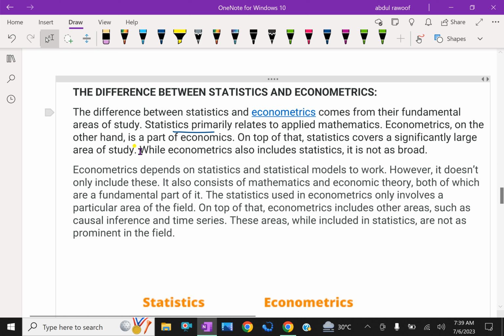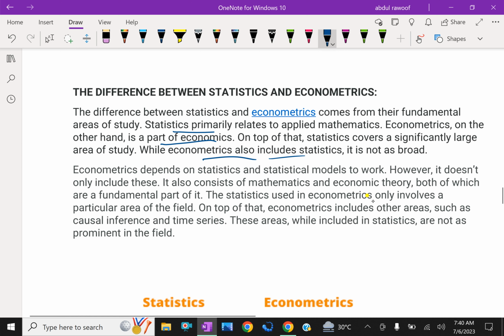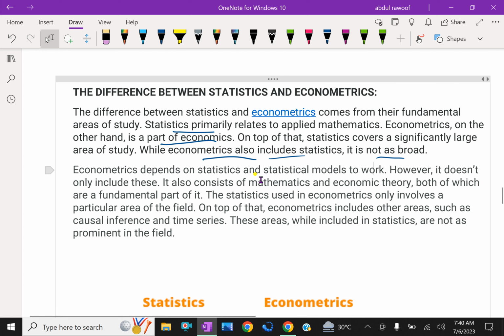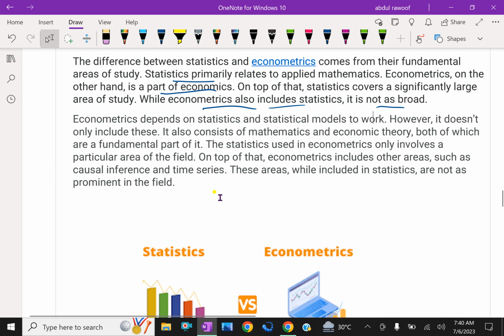Econometrics, on the other hand, is a part of economics. On top of that, statistics covers a significantly large area of study, while econometrics also includes statistics. It's not as broad. So in particular cases we are dealing with econometrics within statistics.